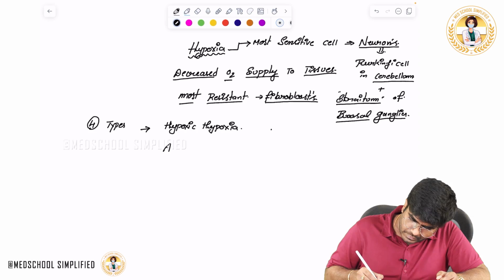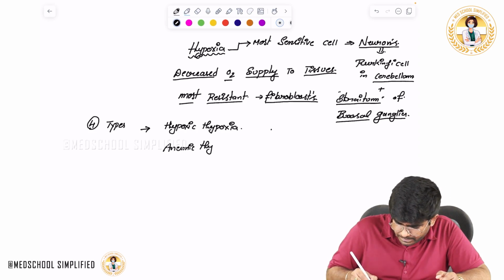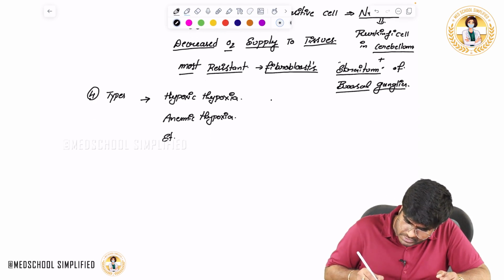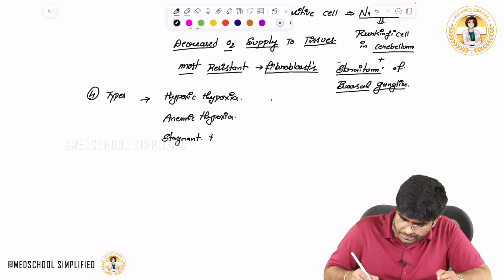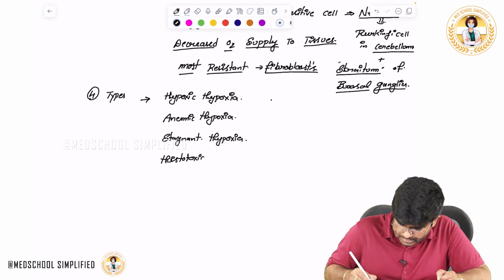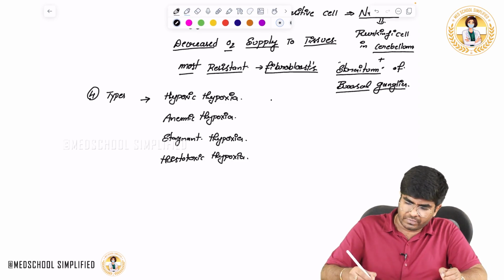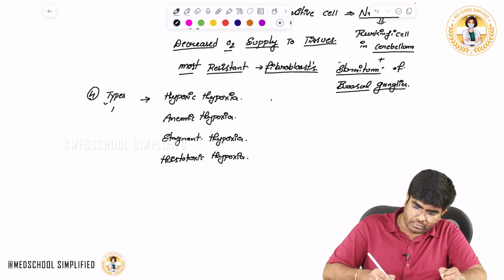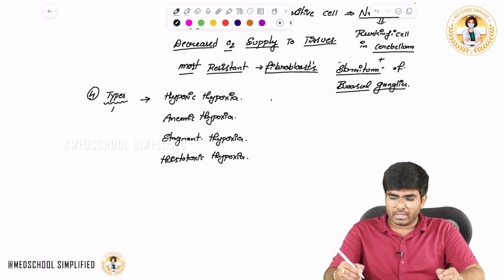Next, anemic hypoxia, stagnant hypoxia, also called ischemic hypoxia. And the last one is histotoxic hypoxia. So these are the 4 different types of hypoxia.